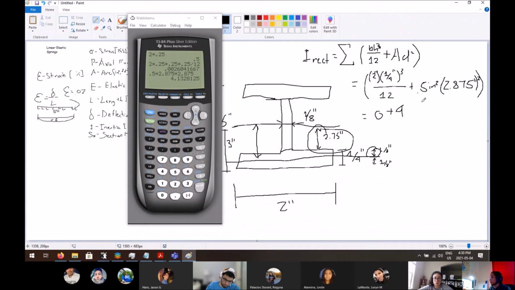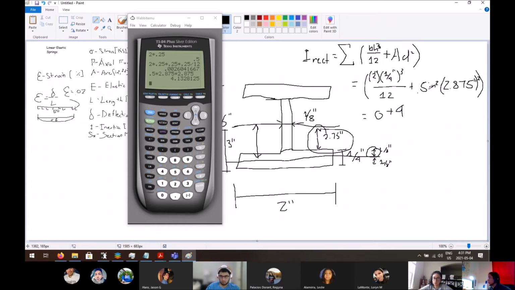Look at the difference. So you see, this part of the equation didn't really matter that much, but what really mattered was the distance. The distance was a huge player.